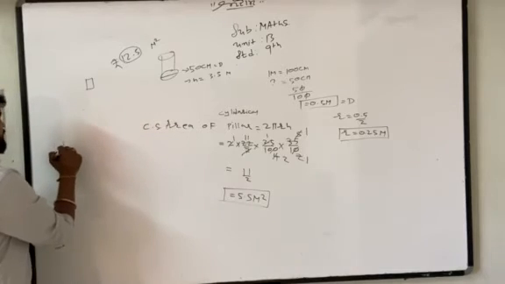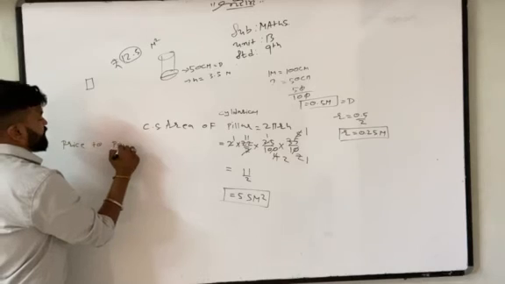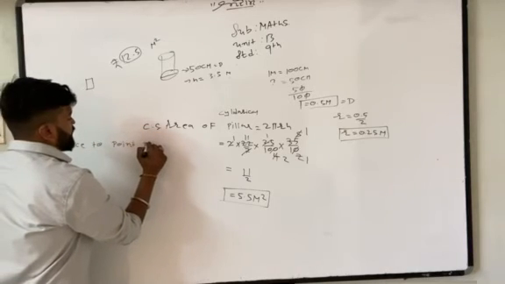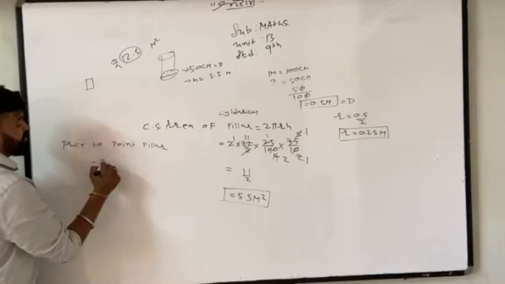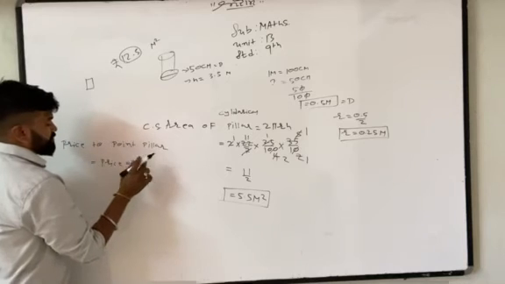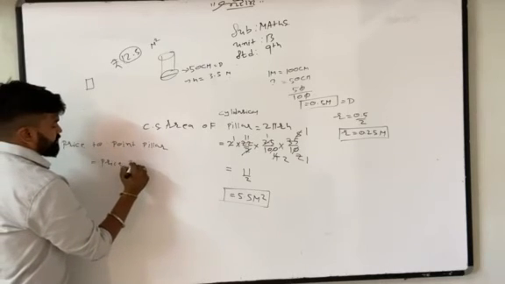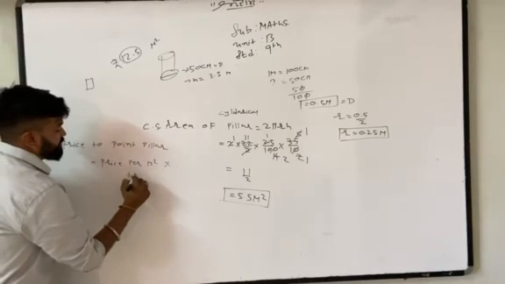So the price to paint the pillar is equal to the price per meter square multiplied by the area of the pillar.